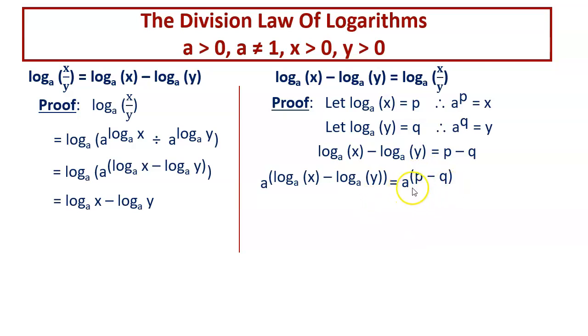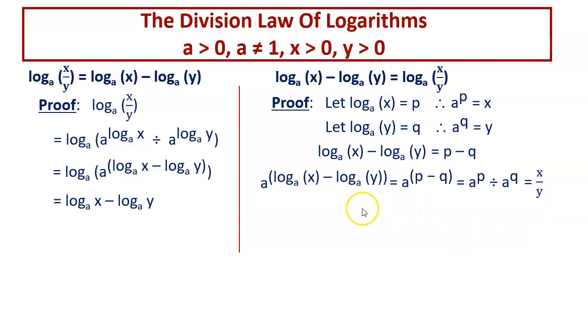Now we use the division law of exponents. So a raised to the power of p minus q can be written as a to the power of p divided by a to the power of q. What is a to the power of p? It is x, and a to the power of q is equal to y. So it is basically x divided by y, which is equal to x over y.